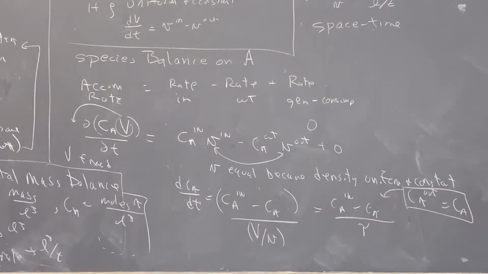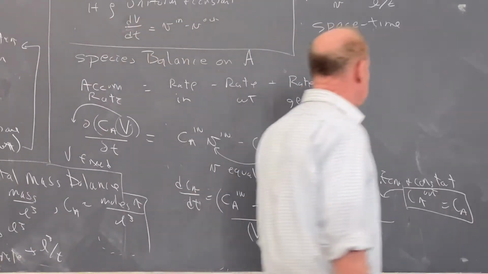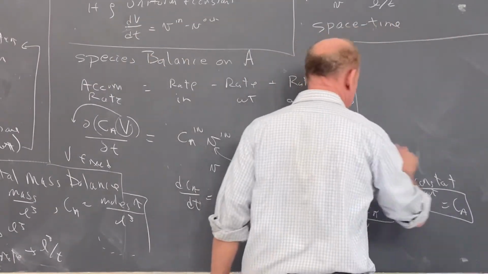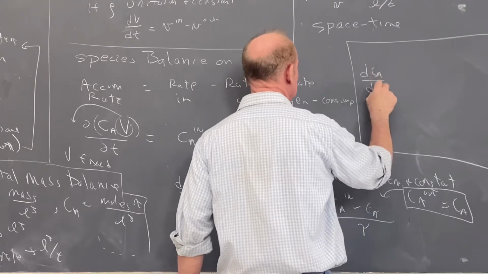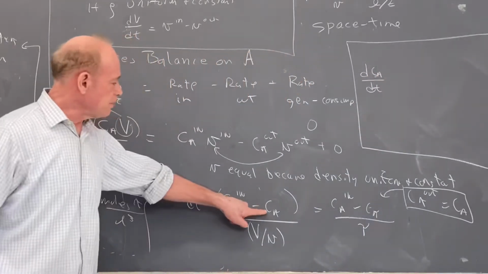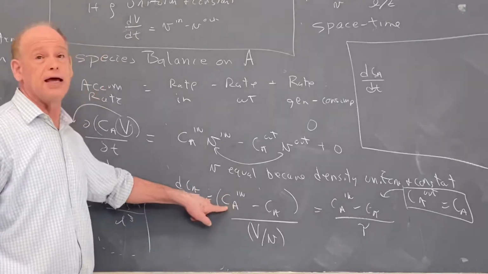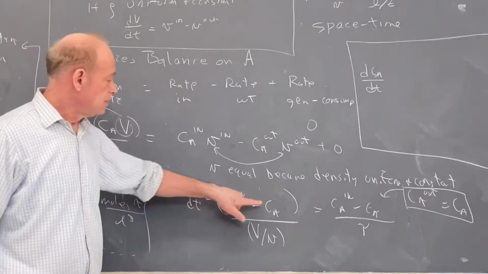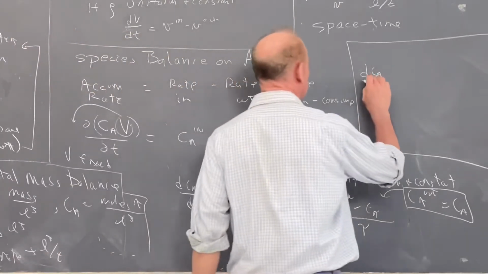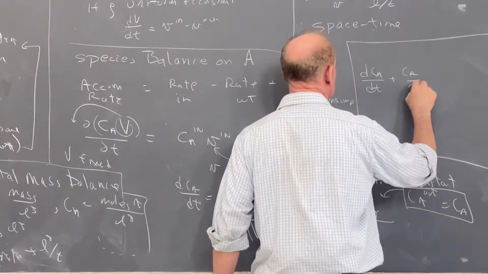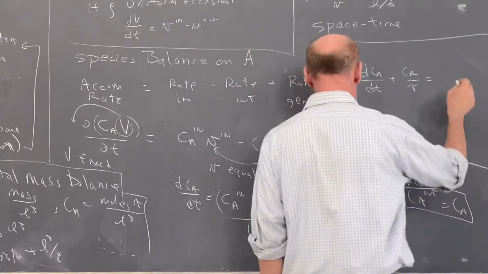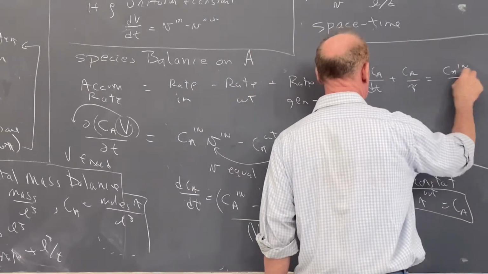So let's rewrite this equation right here. dCa/dt, I'm going to keep Ca as the variable. Ca in is a given, so I'm going to move this to the other side of the equation. Plus Ca over tau is equal to Ca in over tau.